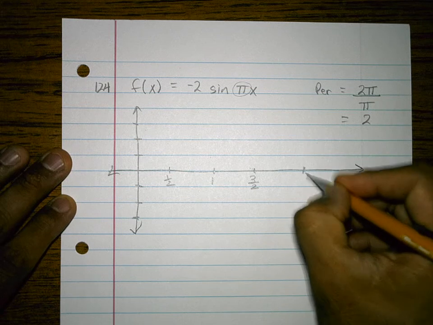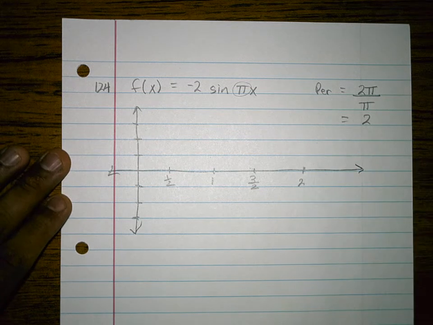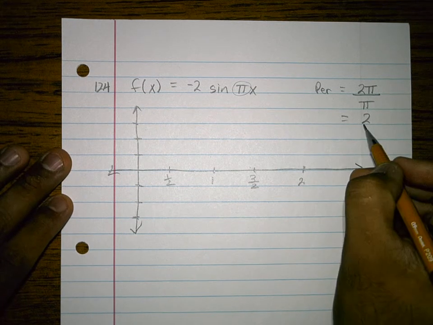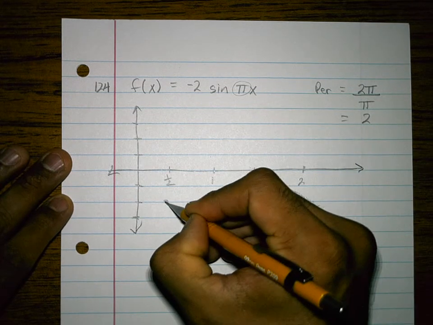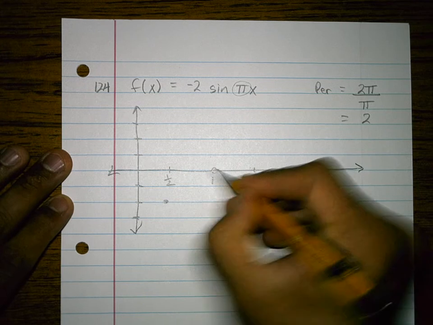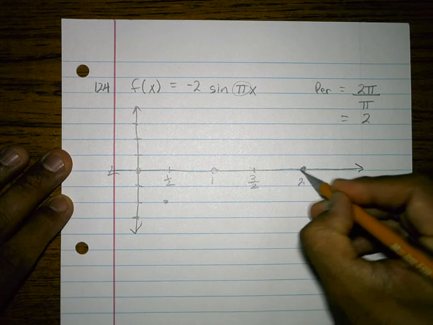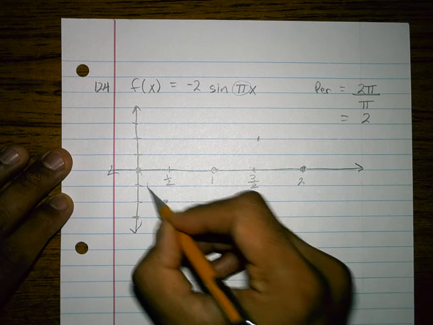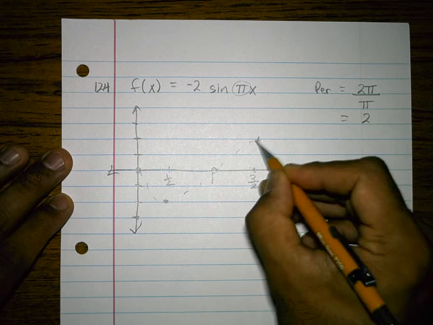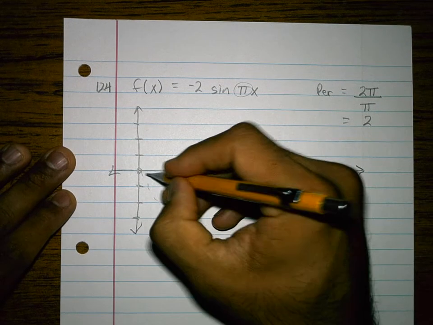And then 2 and 2. Okay, so at halfway, I got to go down 2. Oh, yeah. And then there's my middle, there's my end, and I'm going to be up to here. So in this case, there's my sine curve.